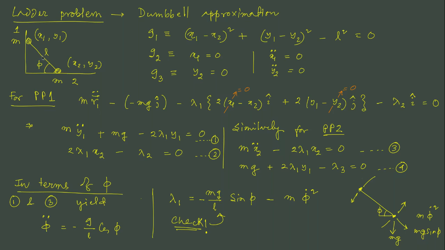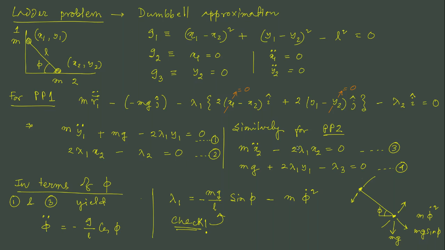You see, lambda 1 is basically the constraint force. The first mass is going down, but because they have a constraint, as a result some force is being applied to the second mass, which is responsible for horizontal acceleration. So you have to have some kind of force acting on it coming from the first mass. That is basically our so-called constraint force along the rod.